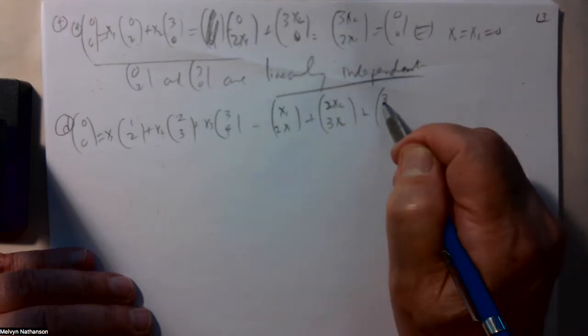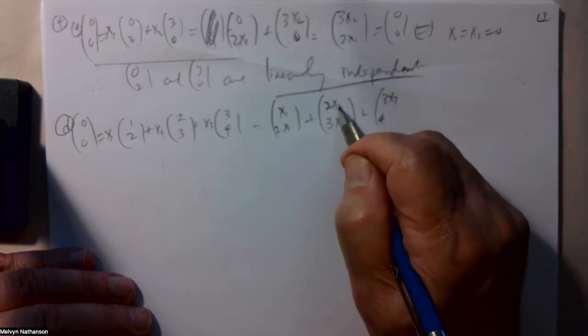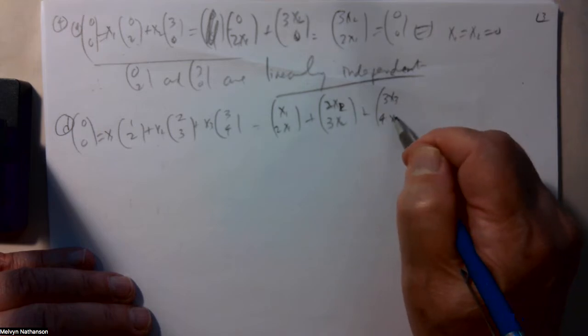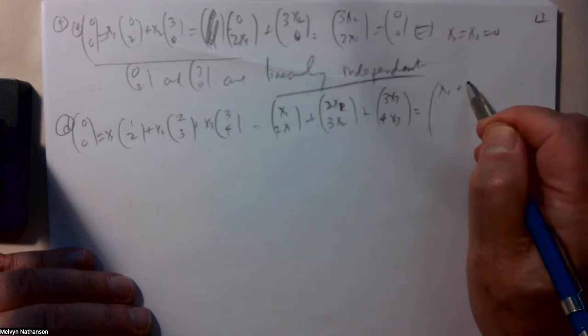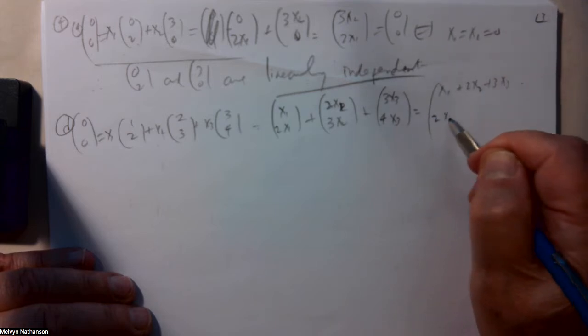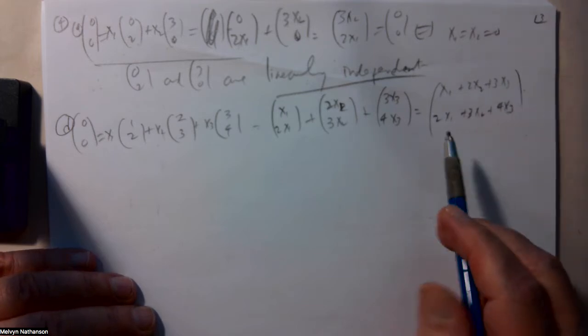x3 times 3, 4 is 3x3. Sorry, 3, this is a 1. So this is 3x3, 4x3. So when I add them up, I get x1 plus 2x2 plus 3x3, 2x1 plus 3x2 plus 4x3.